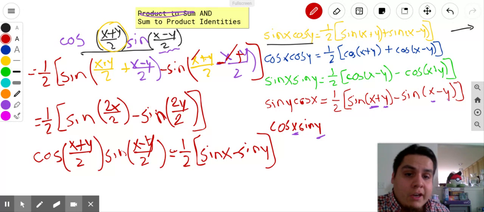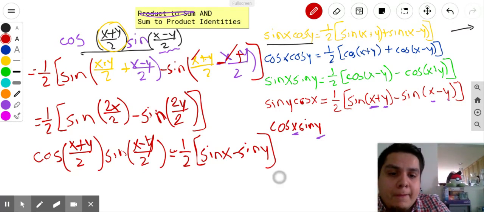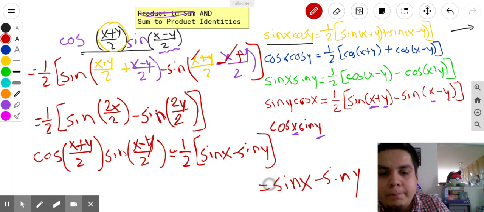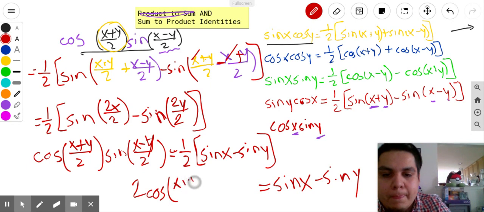So then to free up the sine of x minus sine of y, because I want to show that as a sum, I would just have to double the other side. So it'd be 2 cosine of x plus y times sine of x minus y divided by 2.